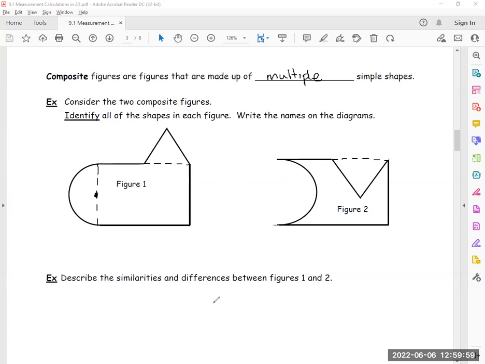So describe the similarities and differences between figures 1 and 2. Here's my take on it. Both have the same simple shapes.